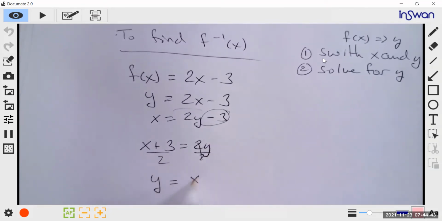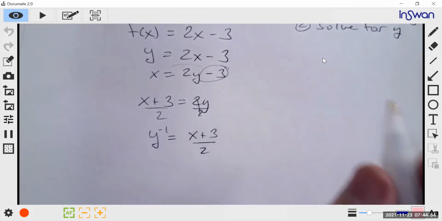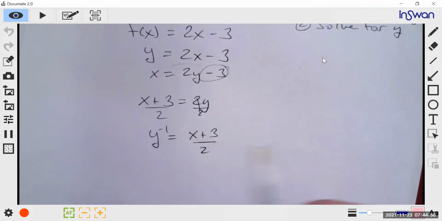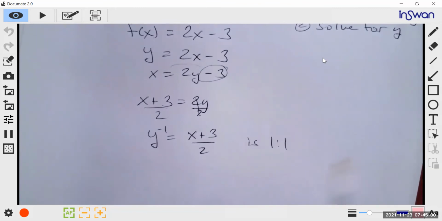So y equals (x plus 3) over 2. And since it's a linear equation, it is 1-to-1, so it is a true function, or inverse function.